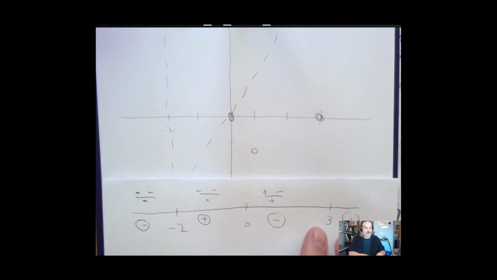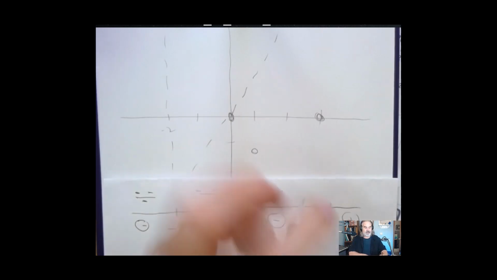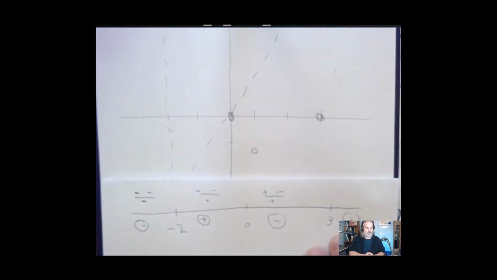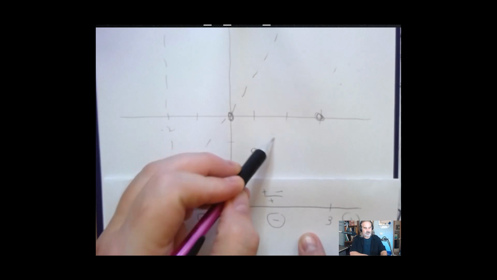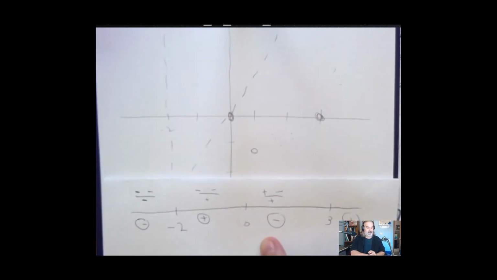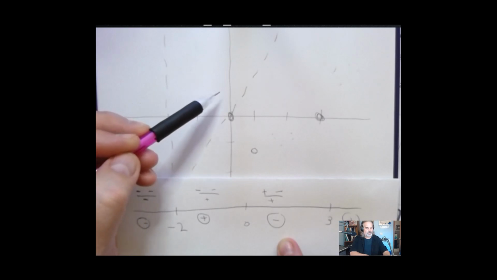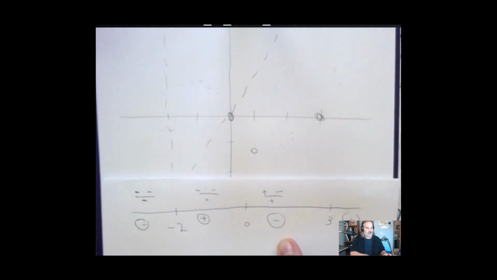When I'm to the right of x equals 3, the graph needs to be up here. When I'm in between 0 and 3, the graph needs to be down here. And when I'm in between 0 and -2, the graph has to be back up here. And then over here, the graph has to be down there. Now, how can I make this happen while I'm playing nice with the vertical asymptotes?